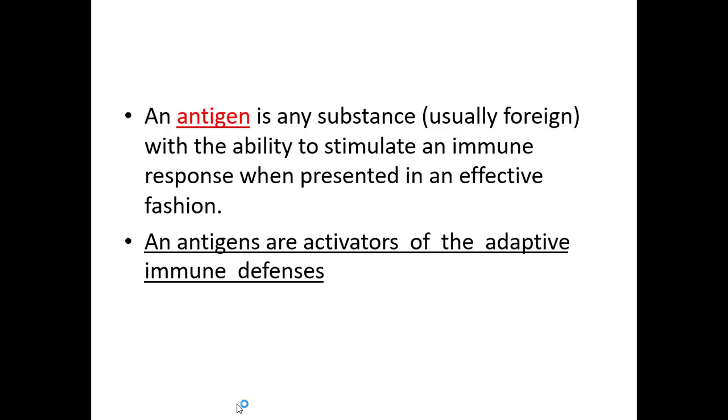What is antigen? Antigen is any substance, usually foreign, with the ability to stimulate an immune response when presented in an effective fashion. And antigens are activators of the adaptive immune defenses. Adaptive immune defense always starts with antigen recognition.